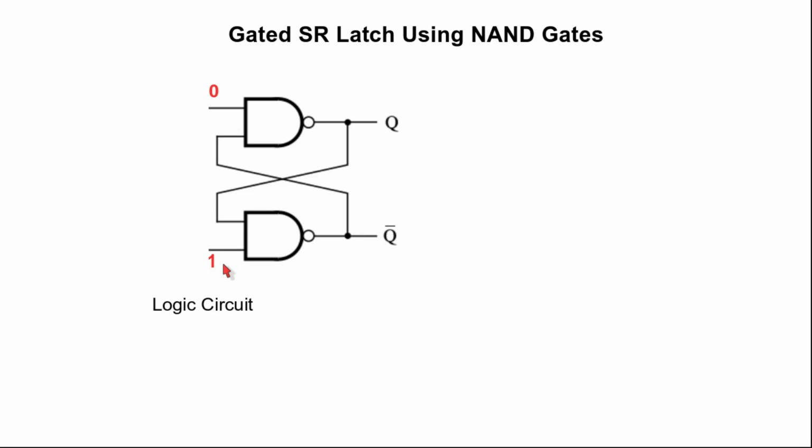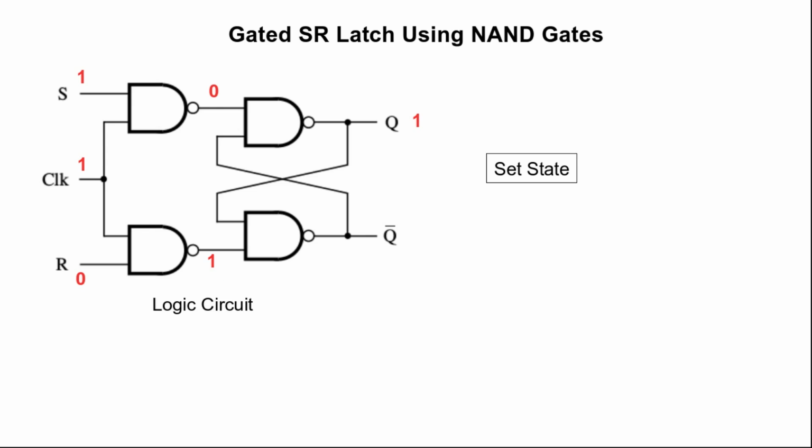And since we go to the set state, Q will be equal to 1. So we are in the set state. So what we see, when clock input is 1, the S input is equal to 1 and R input is equal to 0, your Q output will become equal to 1.